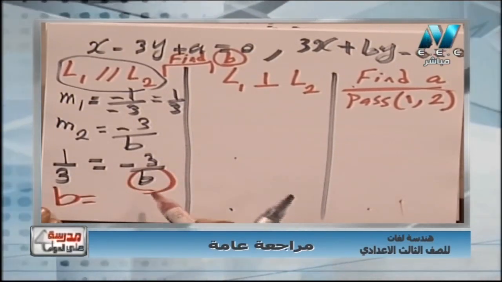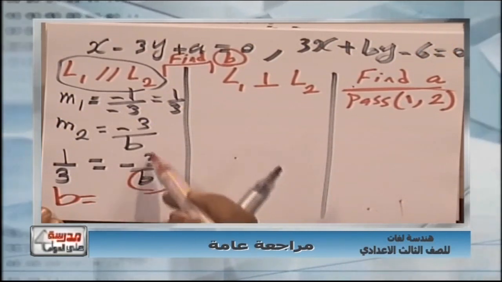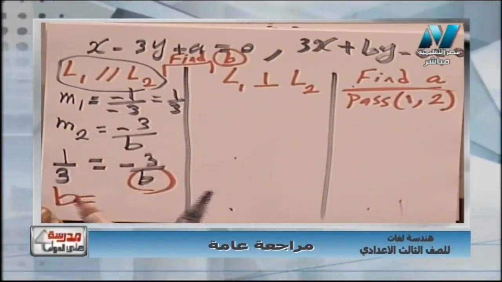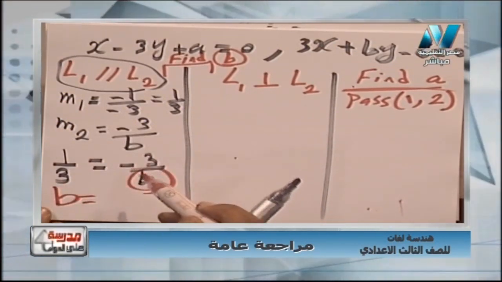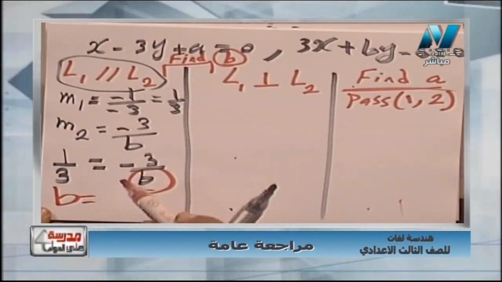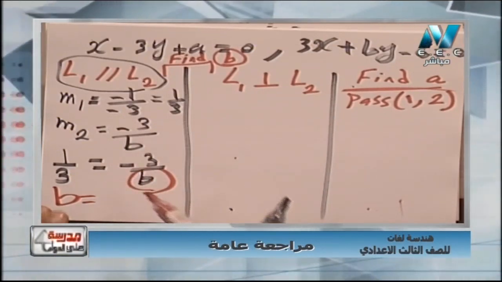You must keep in mind: if we have a fraction equals a fraction, we must use cross multiplication.